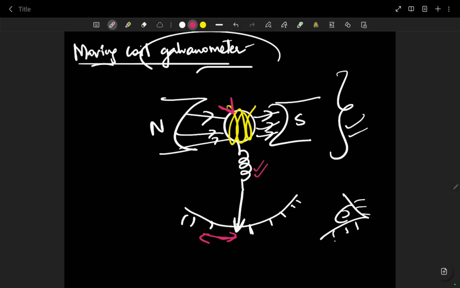So the principle that you have studied, which is basically when a coil is kept between the magnetic poles, or in the presence of a magnetic field, it ends up experiencing torque, right? So this torque only is going to produce a pull on the spring. So that pull is generated by the torque, right?